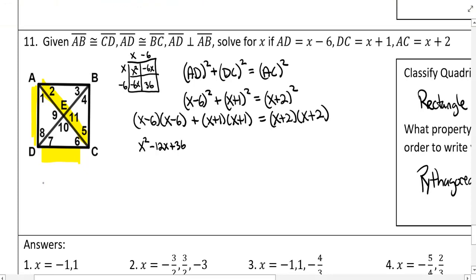Next, I'll do a little work over here. Got a little corner. We're going to do x plus 1 times x plus 1. So x squared plus x, and 1. So this is going to be x squared plus 2x plus 1.